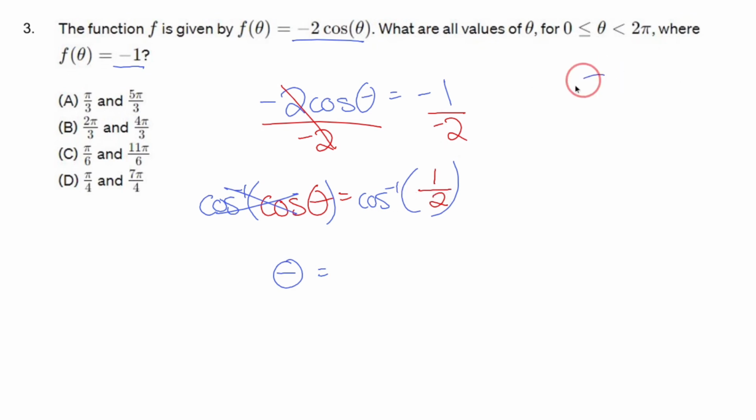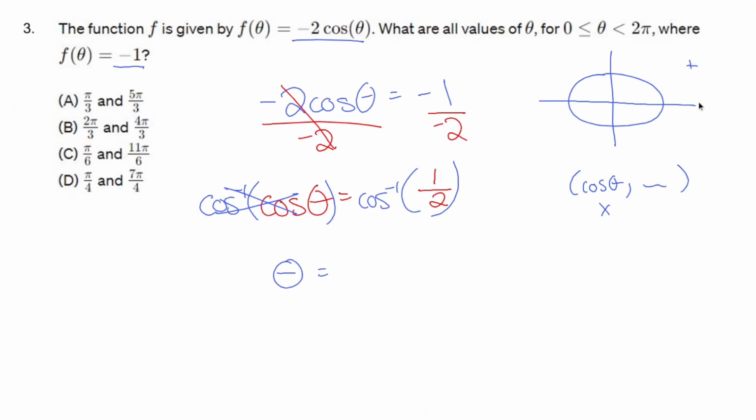Well, if you're thinking unit circle thoughts, cos theta is the x value. So what I want is the x value that gives me a half. The x's are positive on the right side.